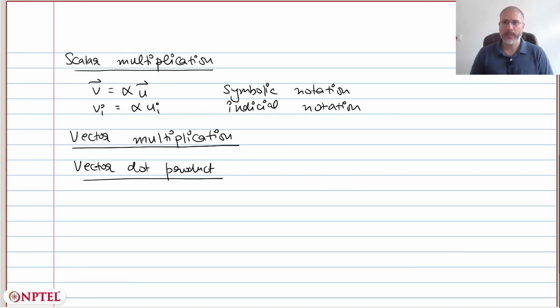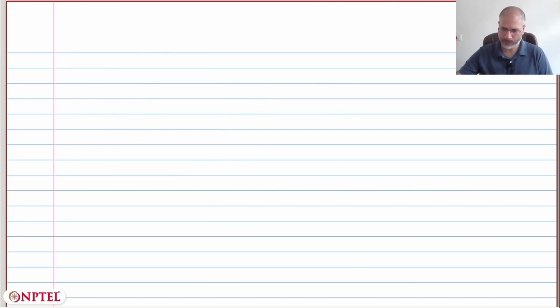Before we actually start discussing the vector dot product, we first need to understand an important symbol, that is the Kronecker delta. So we will park ourselves here, and from this point onwards we'll talk about the Kronecker delta symbol, and then we'll come back to the vector dot product. So let's discuss this in a fresh page.